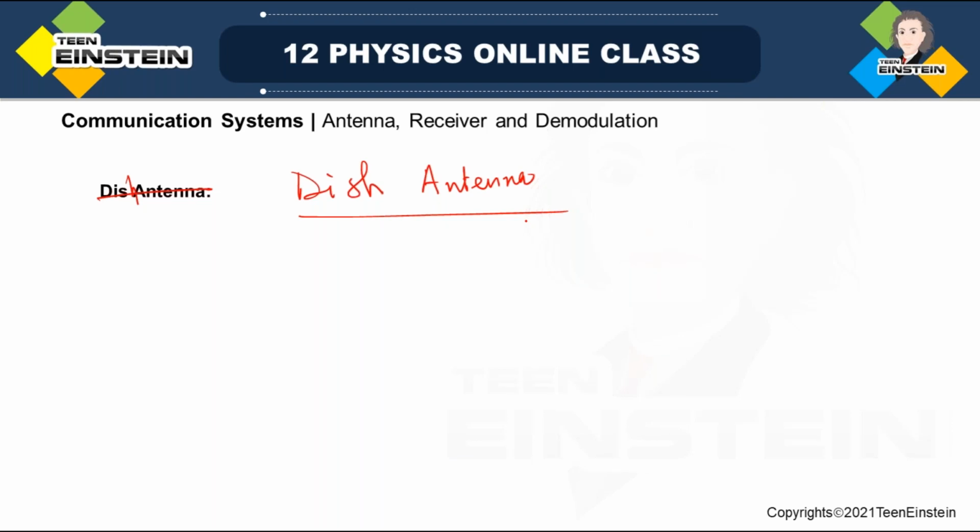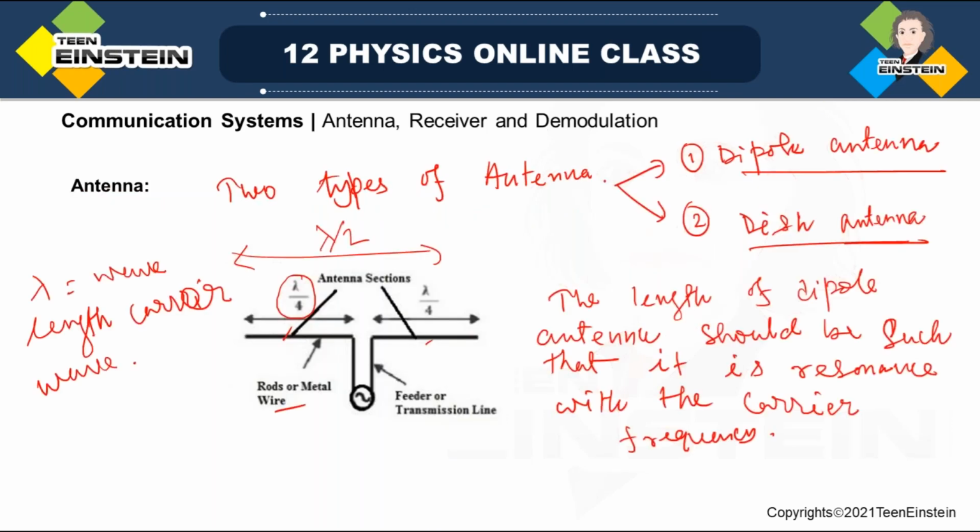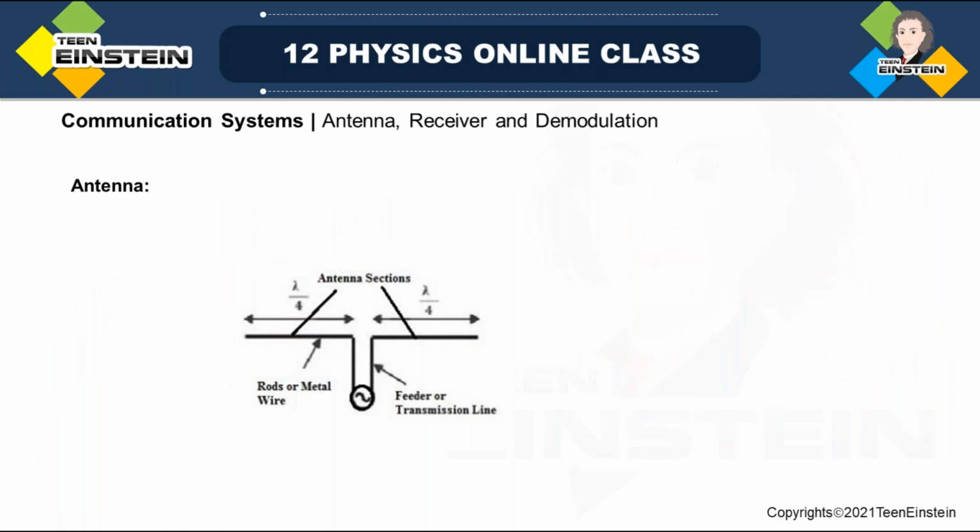In the previous case, you have to know the directionality. The dipole antenna is called omnidirectional. It is used to transmit radio waves. I'll let you know what omnidirectional means.